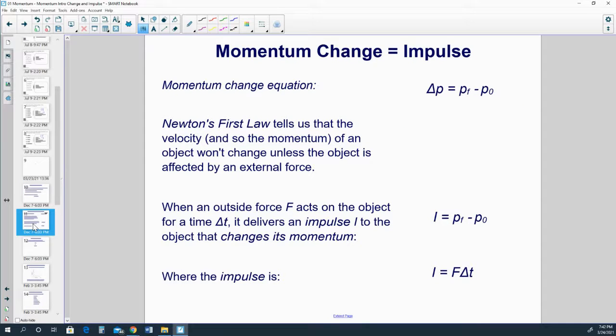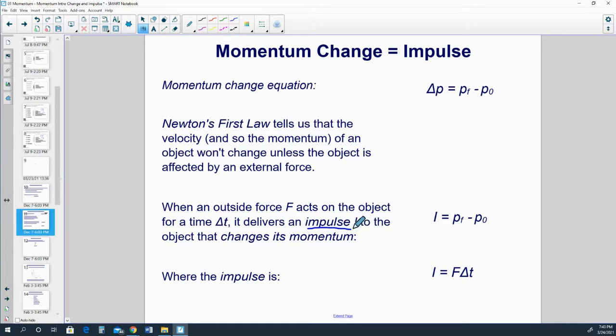So the momentum change equation is at the top here. Now remember, Newton's first law tells us that the velocity, and so the momentum, of an object won't change unless the object is affected by an external force. When an external force, F, acts on the object for a time, delta t, change in time, it delivers what is called an impulse.